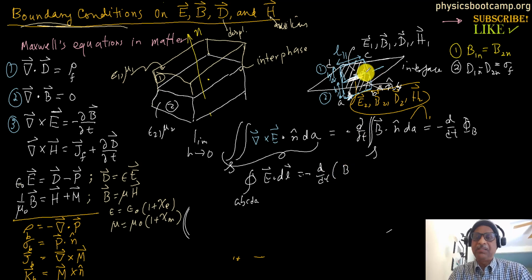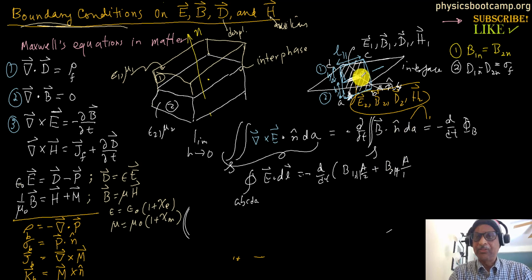Maybe you can just take B above, B1, times this area, let's call it A over 2, plus B2 times A over 2, and these A's and B's are parallel. This is parallel to the surface, but normal in that direction.